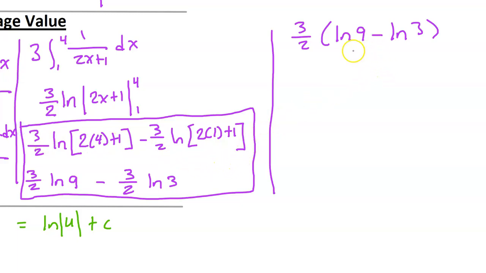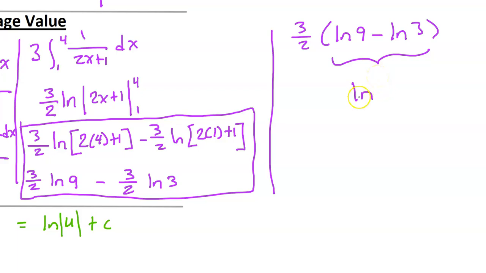So here's something special, property of logarithms. If you have the natural log of something minus the natural log of something, you can combine these into a single log. It's called the quotient rule of natural logs.